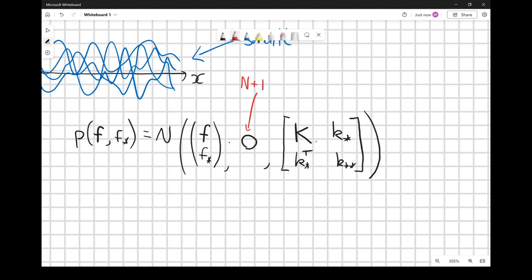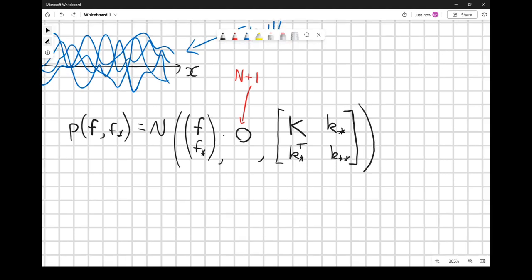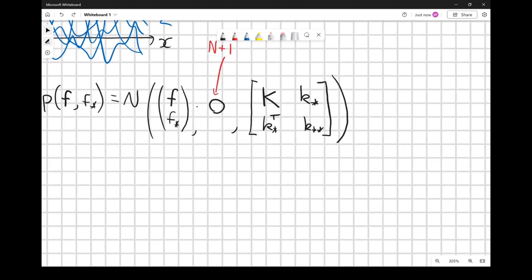So this is an n by n matrix, and this is n by 1, so therefore this is 1 by n, and again this is a scalar. So what are these? Well, remember that our prior is just defined using the kernel. Now we've introduced this f star evaluated at x star, each element of this is the kernel.